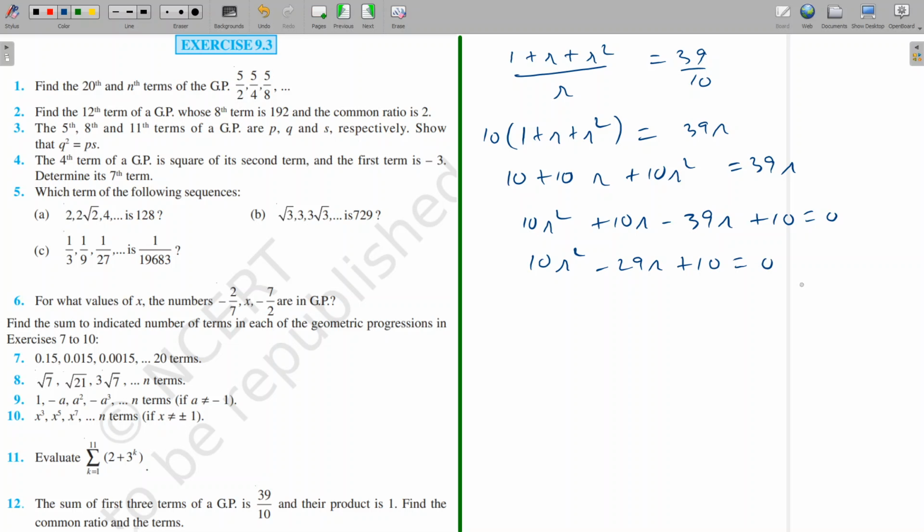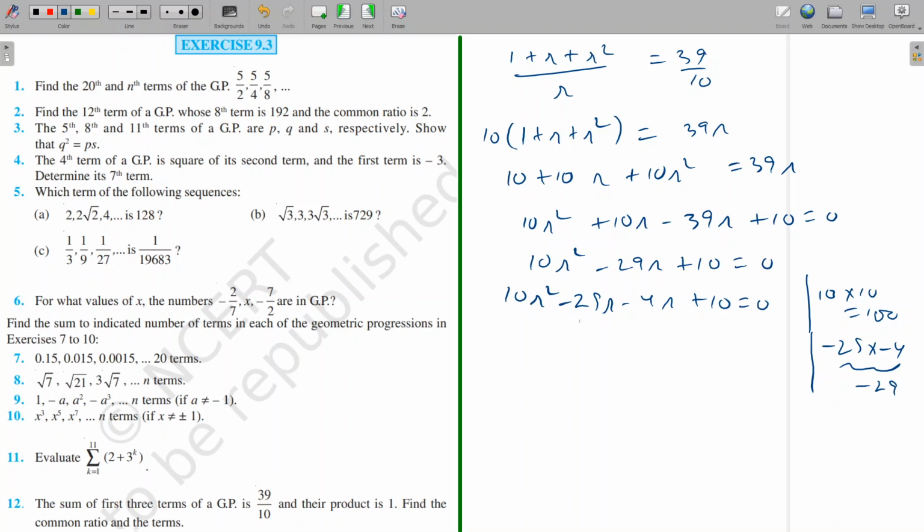If you multiply 10 and 10, what we get is 100, and the middle term is minus, so we can write 100 as the product of minus 25 into minus 4, because on adding them we get minus 29. So we'll rewrite the middle term as 10R square minus 25R minus 4R plus 10 equal to 0.